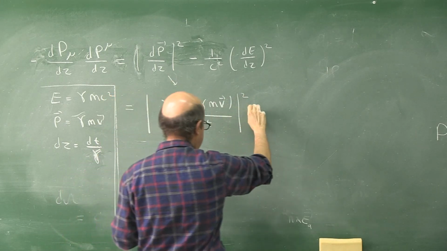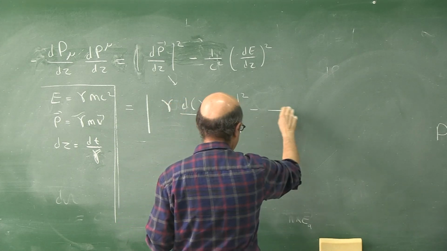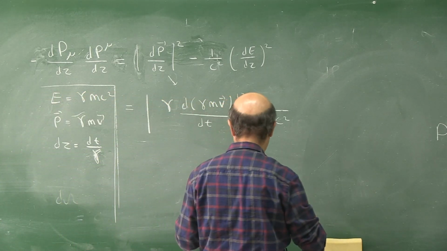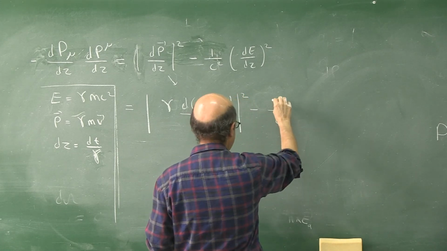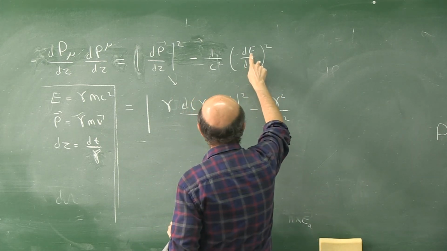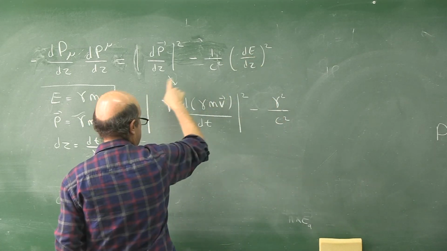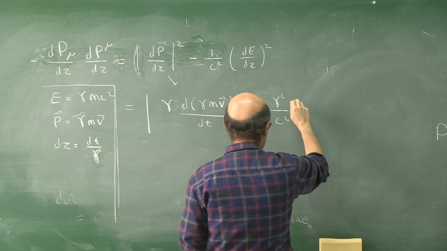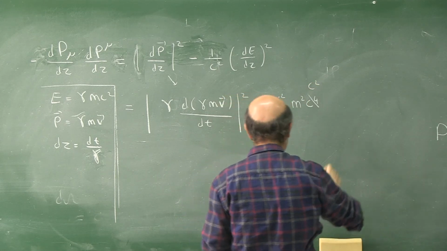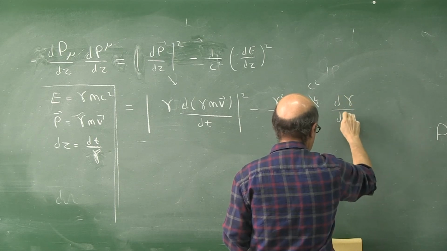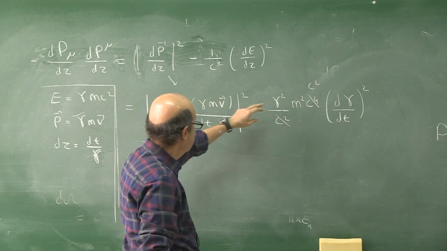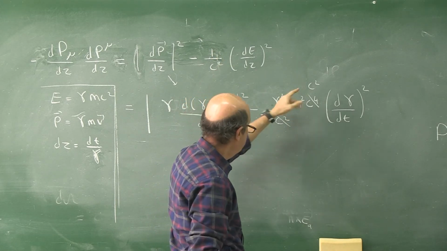This is the first term, minus 1 over c squared. d tau is dt over gamma, but squared will bring another gamma squared up, and then here m c squared, squared of this, that is m squared c to the 4, and we will have what? d gamma over d tau, dt squared.